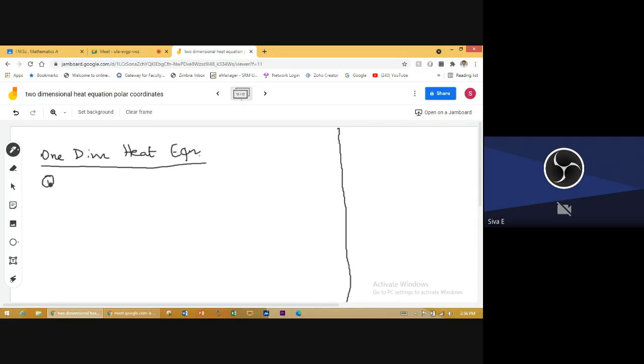First point, heat flows from a higher to lower temperature.